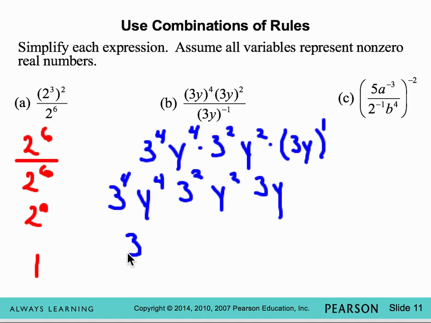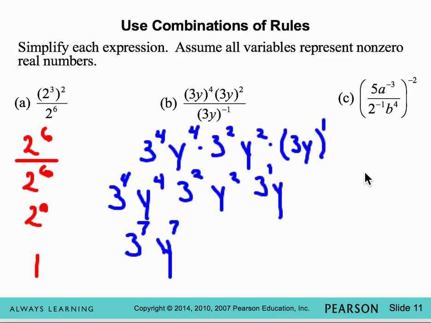Okay, so I have 3, 4, 5, 6, 7 of those 3's, and then 4, 5, 6, 7 of those. Hopefully they won't make you do 3 to the 7th if you get a number that big, right? But typically, and on the test, you won't have a number with an exponent that big. But any numerical value that has an exponent, you got to multiply out.